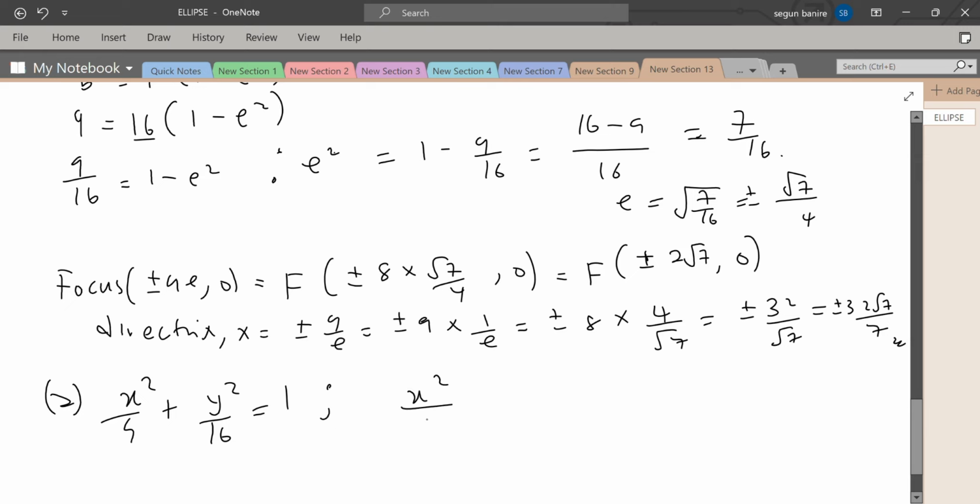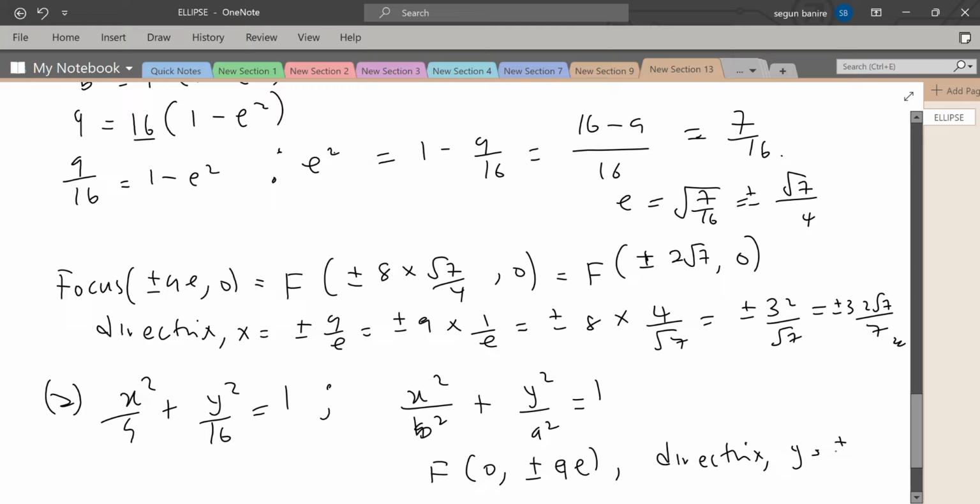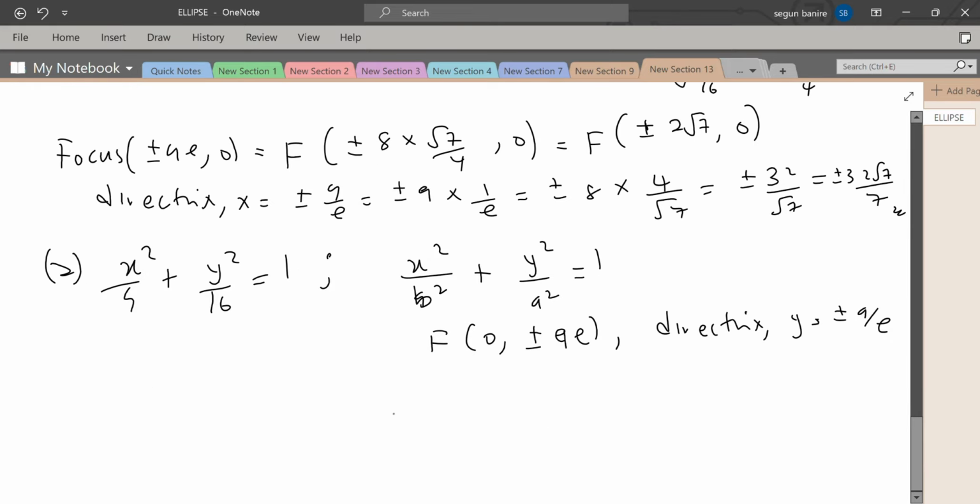So this is how our equation is now looking, over a squared equals 1. And I told us that the focus in this case will be this, and the directrix will be what? It shifts to the y-axis, and it still remains the same. So we don't really need to solve, since we've done question 1. We just have to put all our answers on the y-axis. So that is what happens.